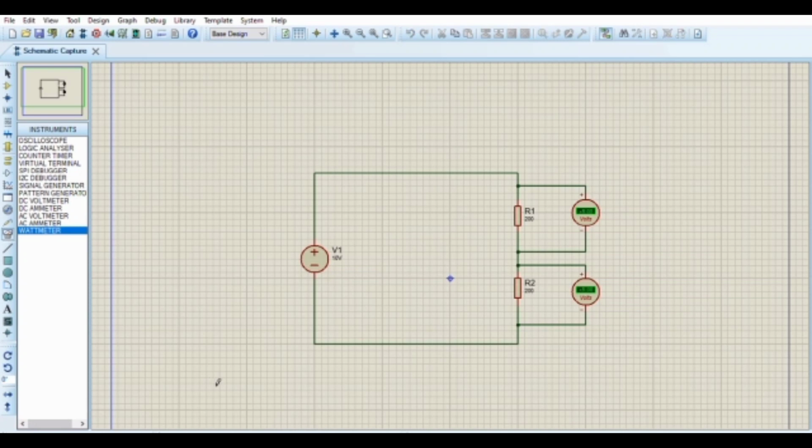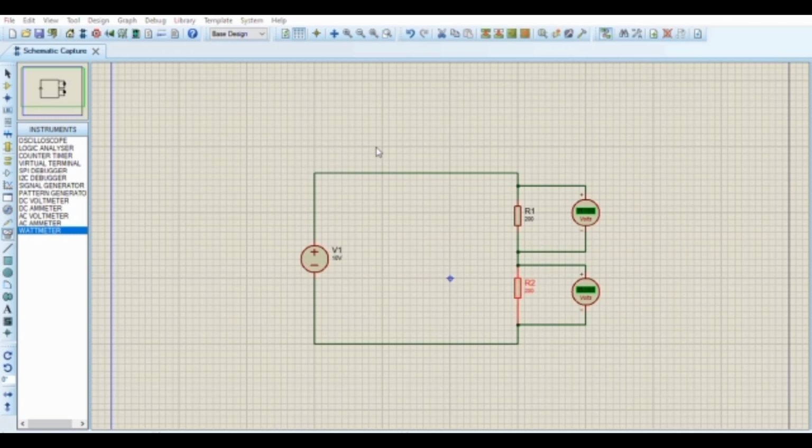When we run, it shows that the value for U1 is 5 volts, and the same goes for U2. The simulated value for U2 and U1 is 5 volts. Then let's try another value for R2.